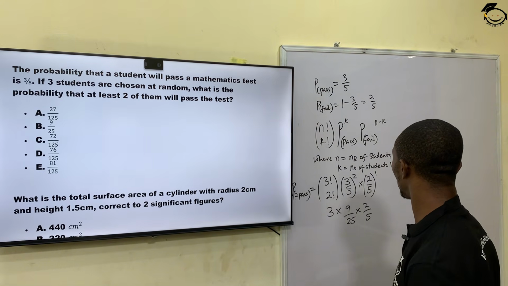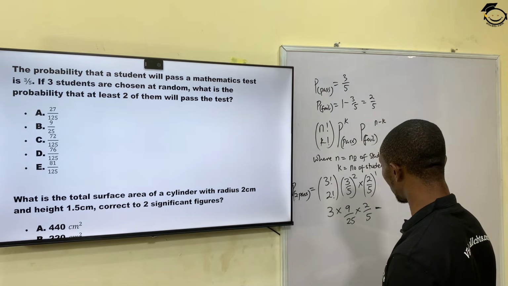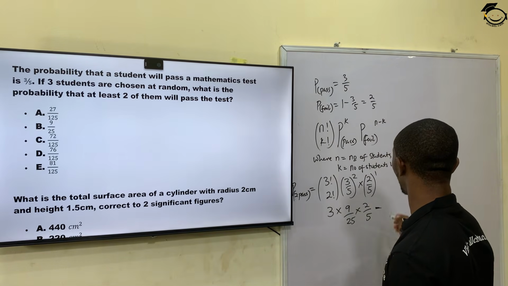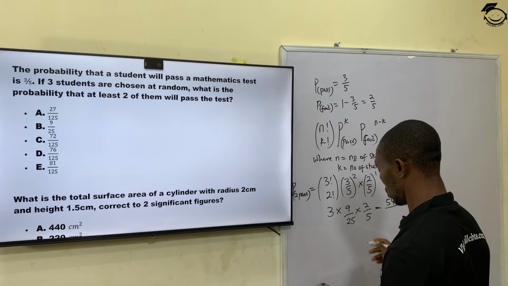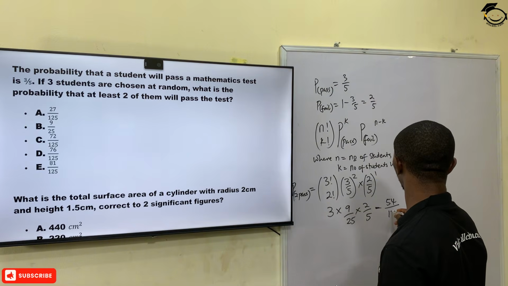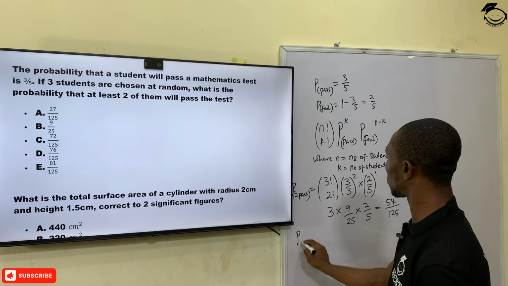All right, so here we have 3 times 9 times 2, which is 54, all over 25 times 5, which is 125. Okay, so the next part is the probability that 3 of them will pass.